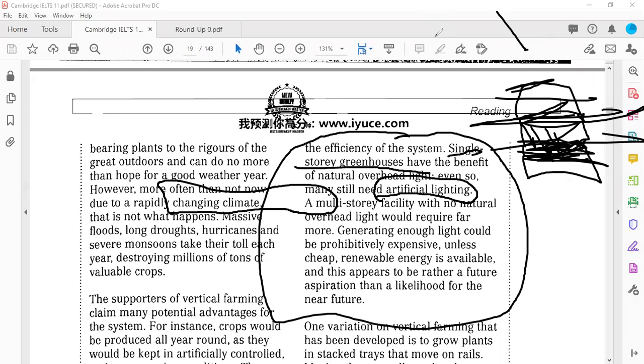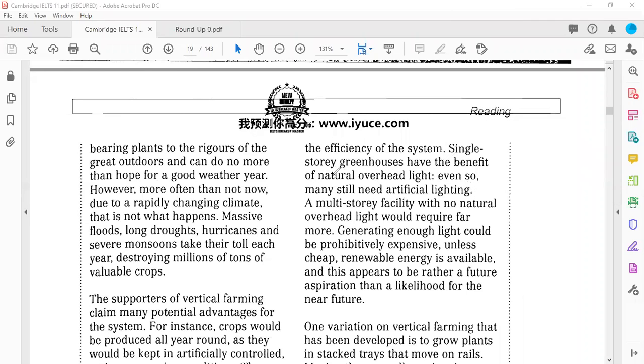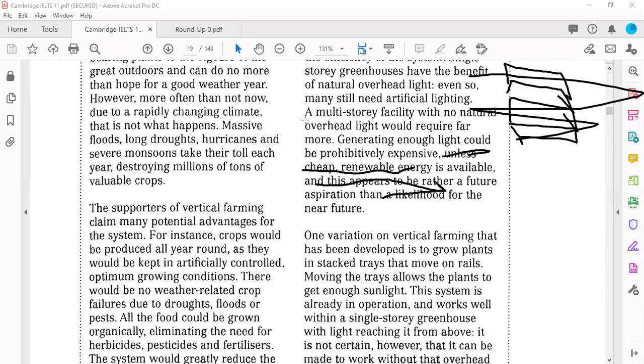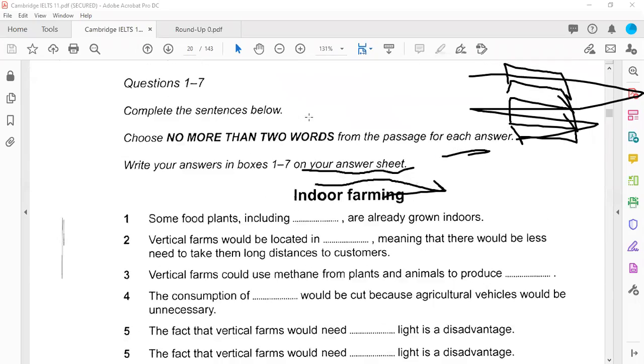Natural overhead is for single story, 1 level. Once we come with multi-story, more than 1 level, we need to put artificial lighting.